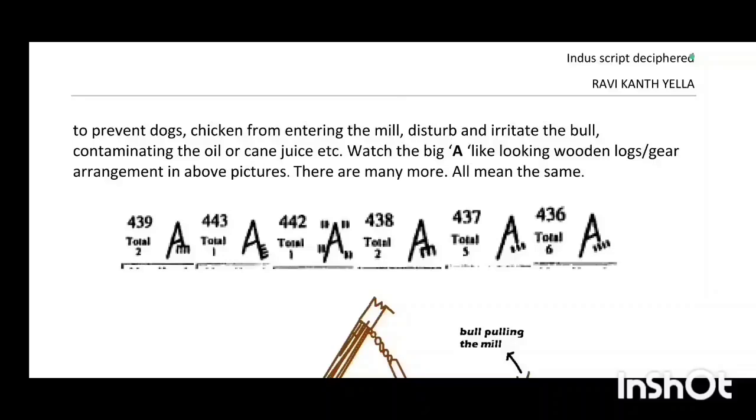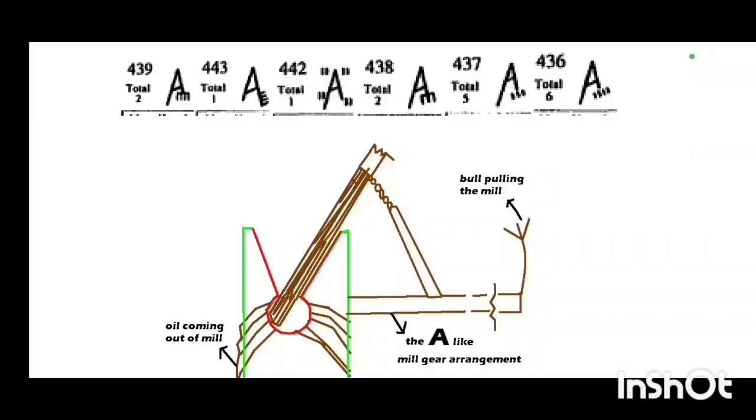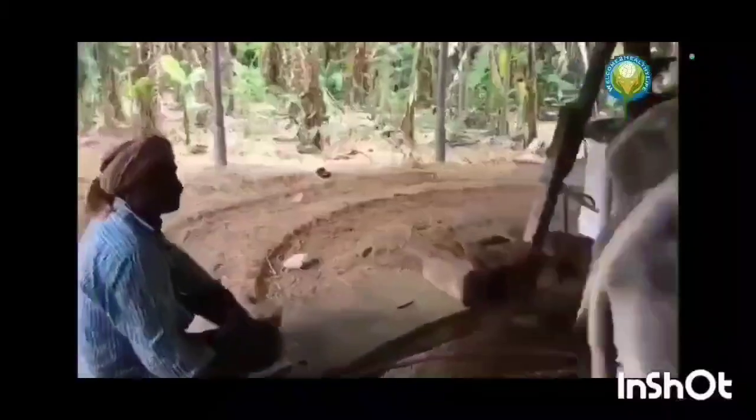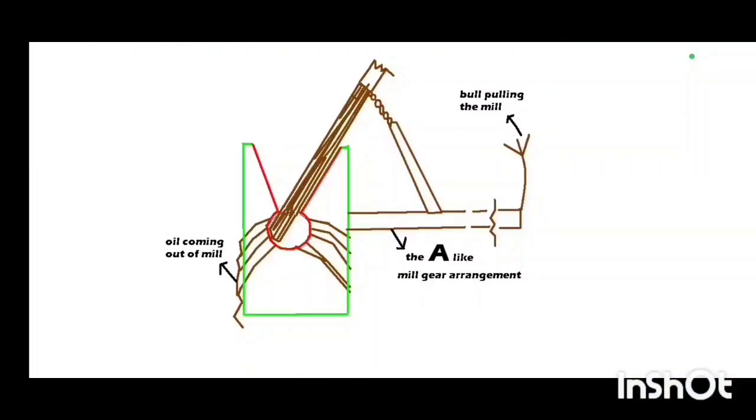Here you can see the symbol A is crushing something under one of its legs. Below, the cross section of oil mill cavity. The cavity and the A sign, and this is a real-time oil mill from my own state, Andhra Pradesh. See how it works.